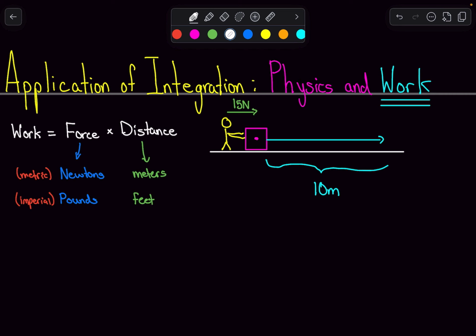Okay, so I'm using my muscles, I'm pushing on this box with a constant 15 newtons of force.